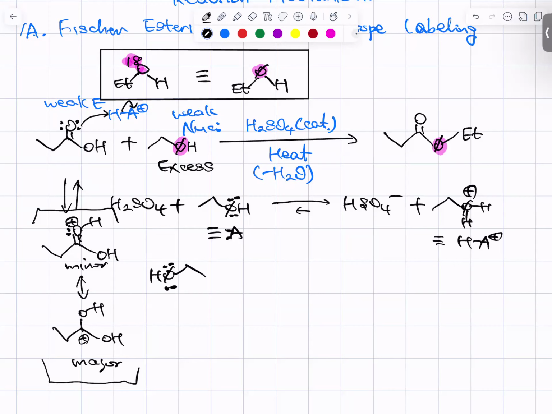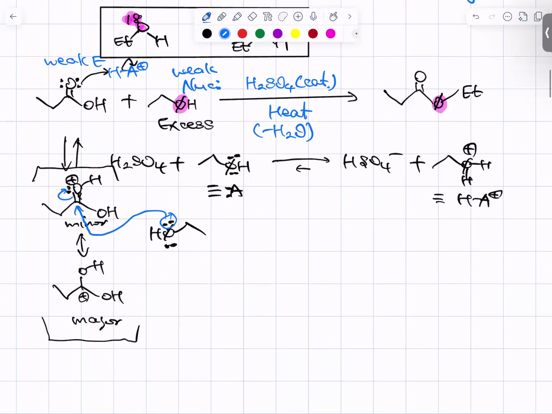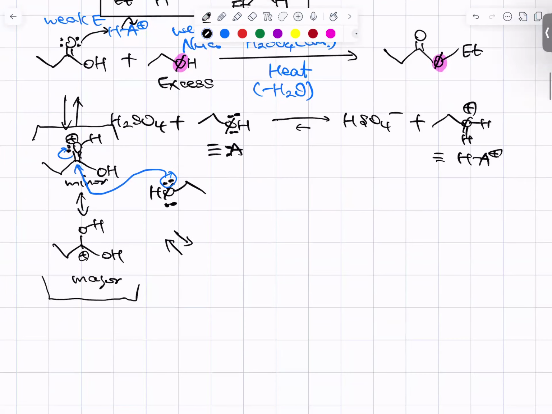Okay, so let's use this one. Let's attack the carbon and push the pi bond up to this oxygen. So we'll have an equilibrium process again, and we have a new carbon-oxygen bond.